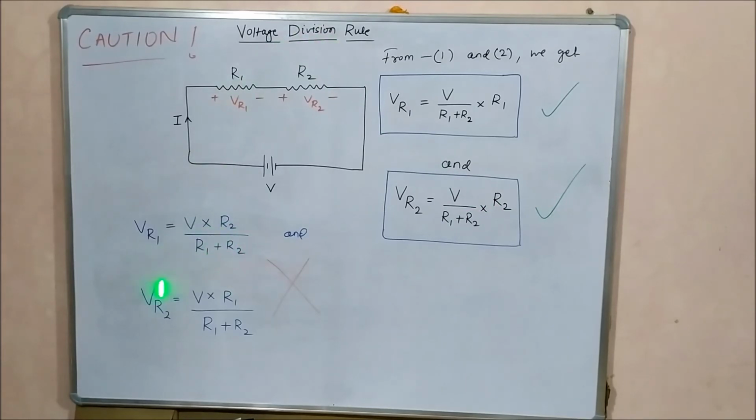Because the formula is similar to the current division rule, most of the time students mix them up, and that's why it is very natural to make this mistake. You can practice this formula by writing it many times and applying it while solving problems, and it will get to you. So this is an important thing related to the voltage division rule and also the current division rule.